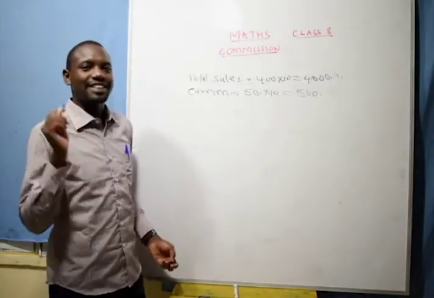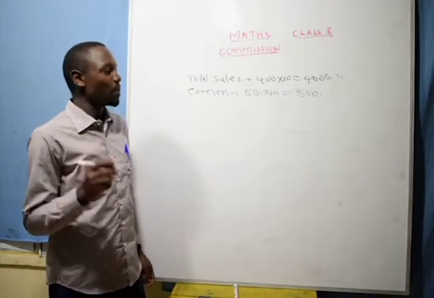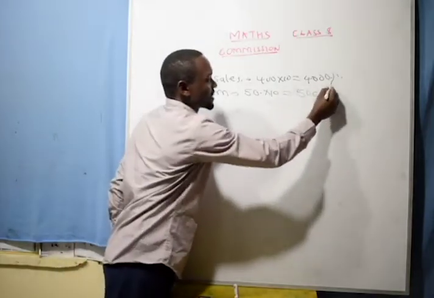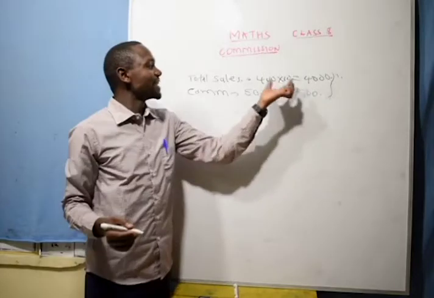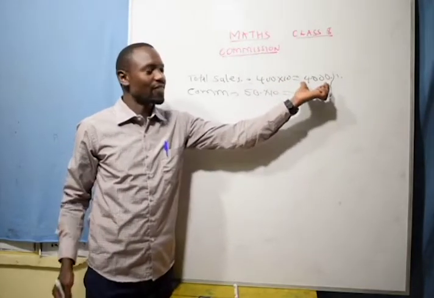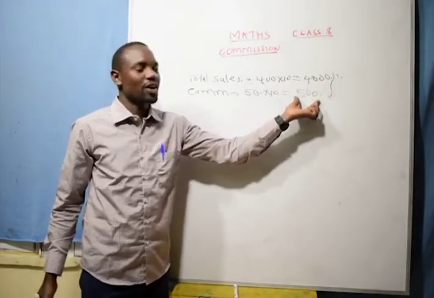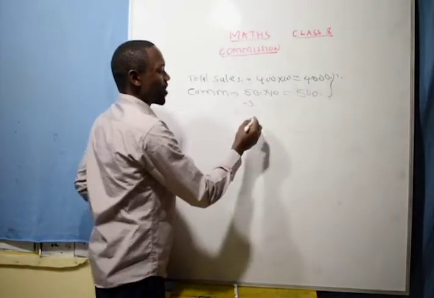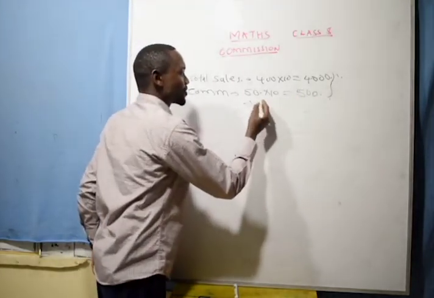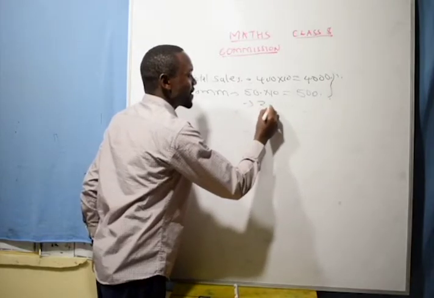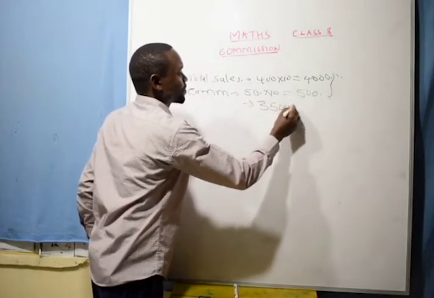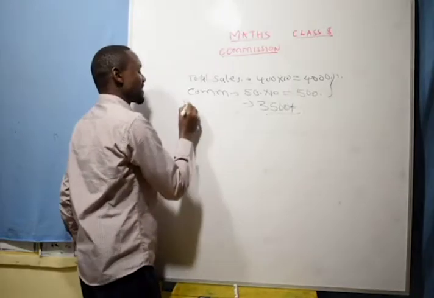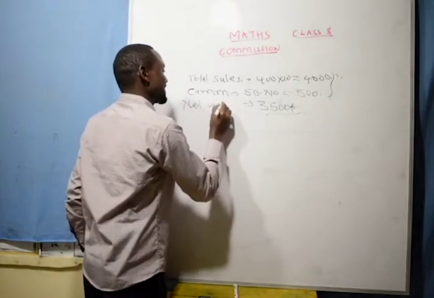The commission is deducted from the sales. So after selling 10 books and getting 4,000 shillings, you deduct your commission of 500 shillings. So you take to the owner or to your senior 3,500 shillings. These are called the net sales.